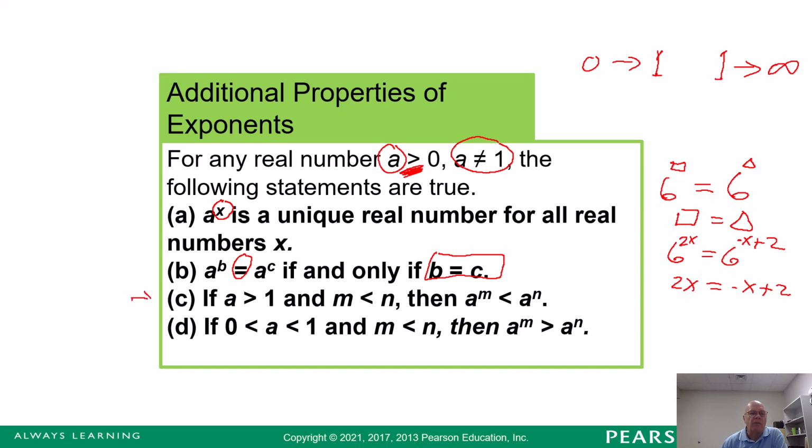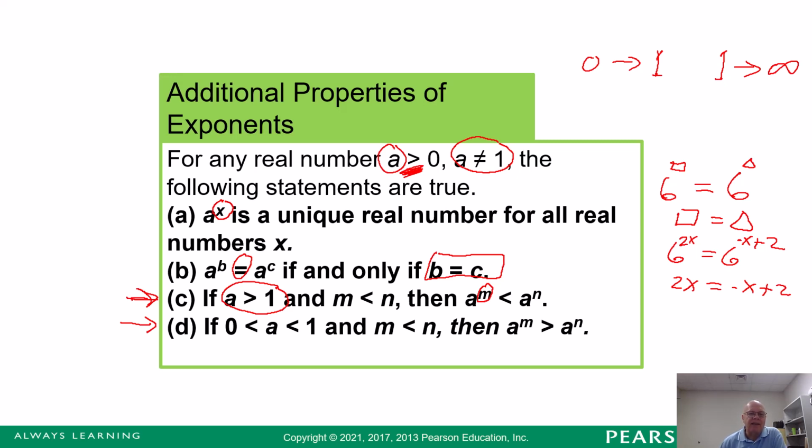Third, another property. Now, we're splitting this into two parts. These two actually go together, but they're separate. If a is bigger than 1, then if m is less than n, that means m is first, left to right on your graph. Then since m is a smaller number, you're going to end up with a smaller result from using your exponent.